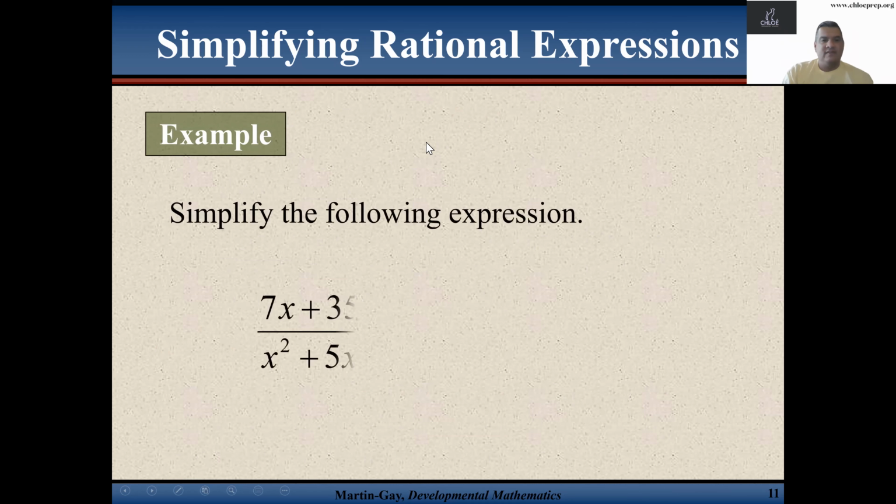So let's take a look at an expression. 7x plus 35 over x squared plus 5x. So you take a minute to go, ooh, no, not that. And then you take a minute to just relax. Trust me when I say one of the greatest skills you can have in math is not freaking out.